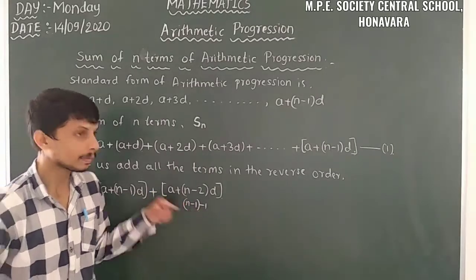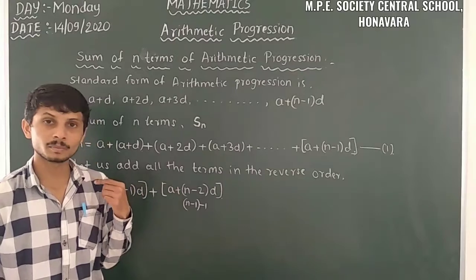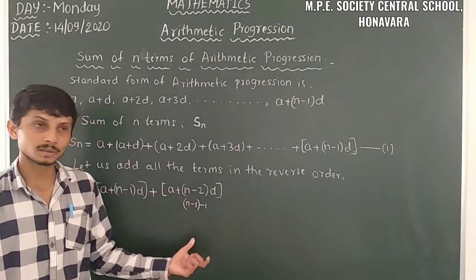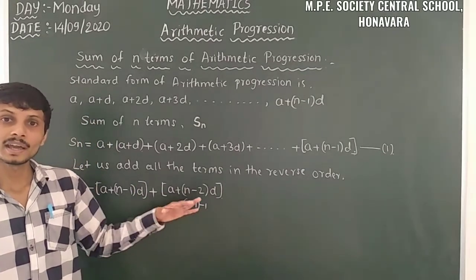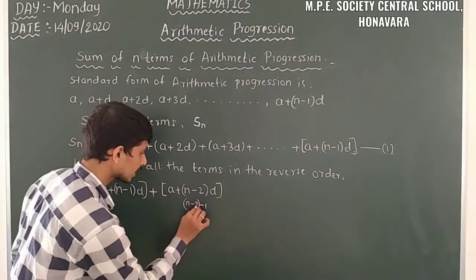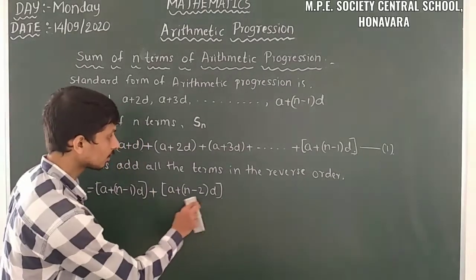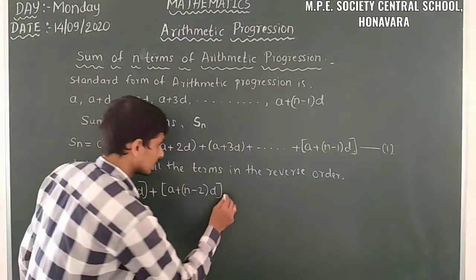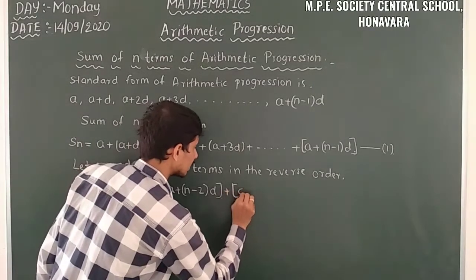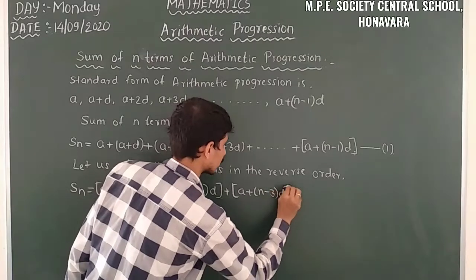Minus 1 is also common, d is also common. So after that we take the n minus 2nd term, which is a plus n minus 3 into d like that.